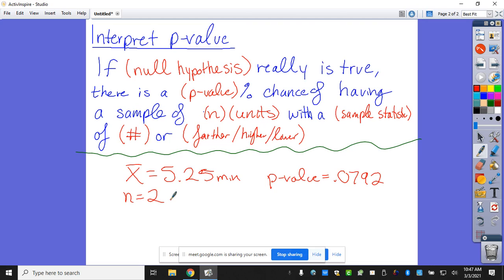The only thing added from when I talked about p-value before, where I said getting a value this far or extreme, is specifically the fact that we took a sample of that size. So it would need to be added in. You would just say farther because it is directional.